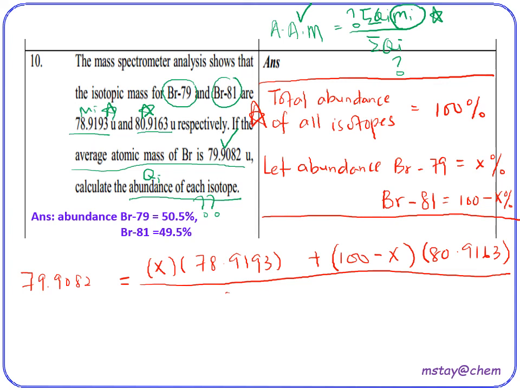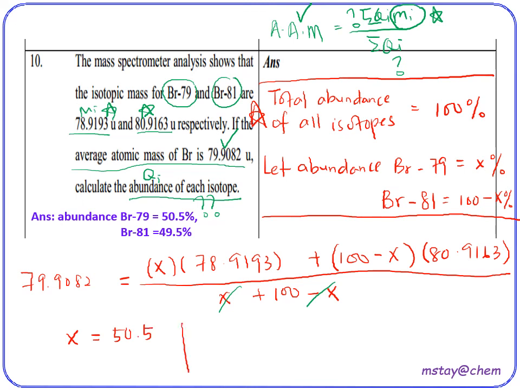The abundance for bromine-79 is X and for bromine-81 is 100 minus X. Before we continue the calculation, you may notice that X and minus X can be cancelled out, so now only one unknown is left. When you do the calculation, you will get the final answer X equals 50.5.